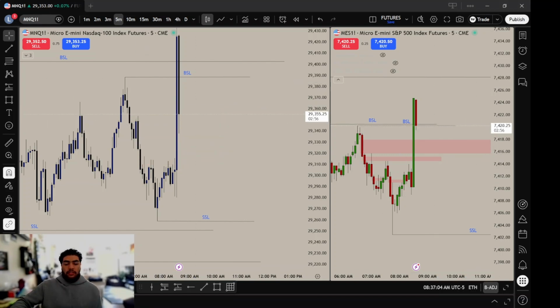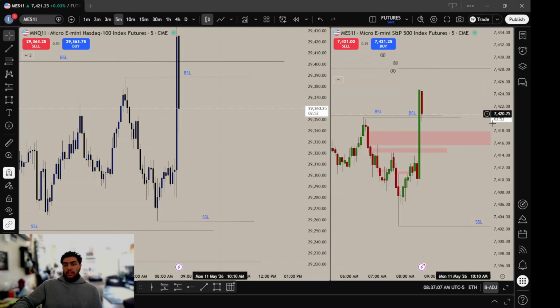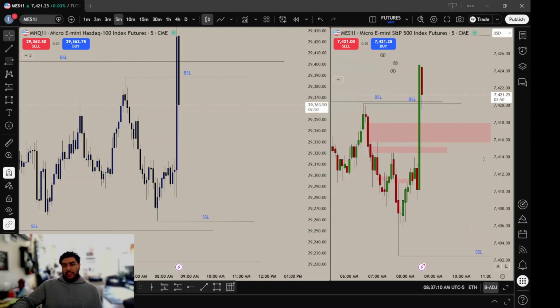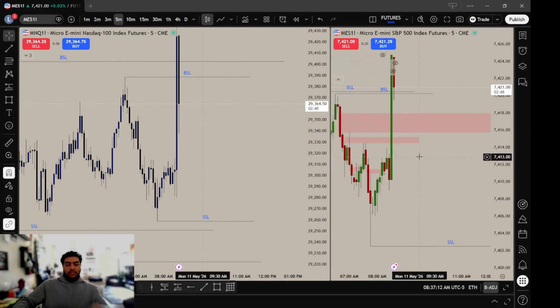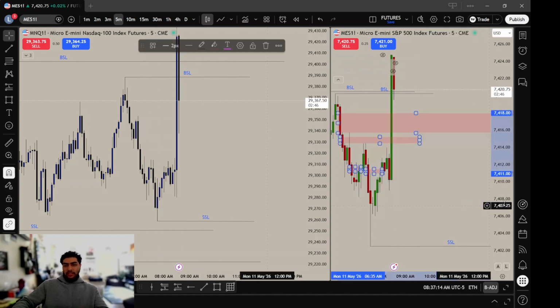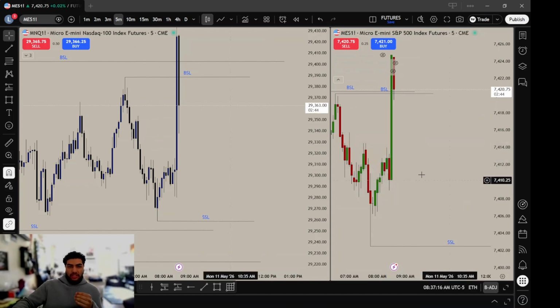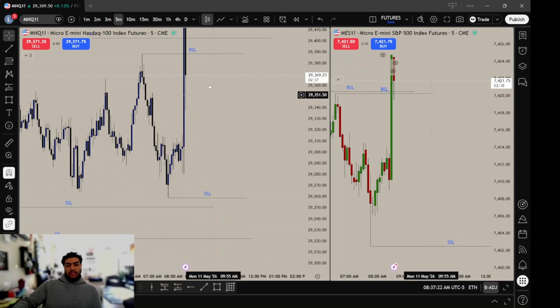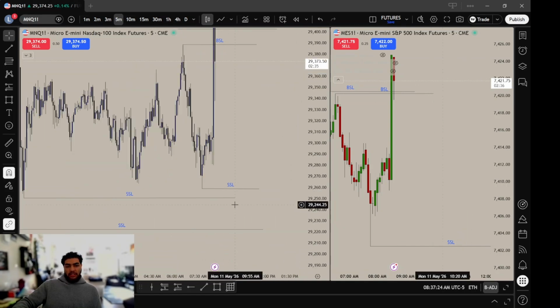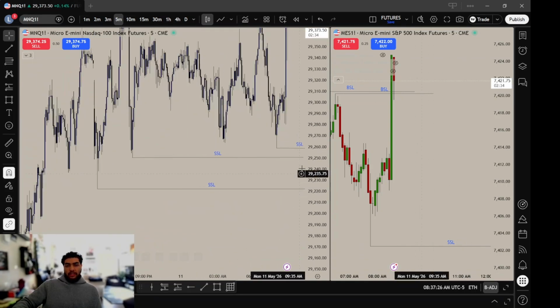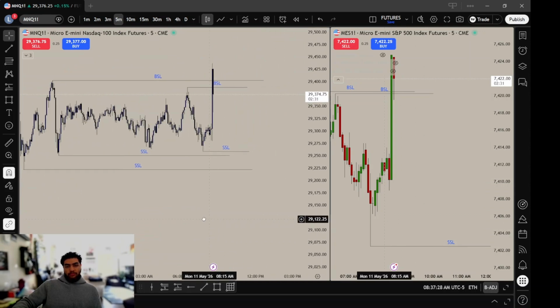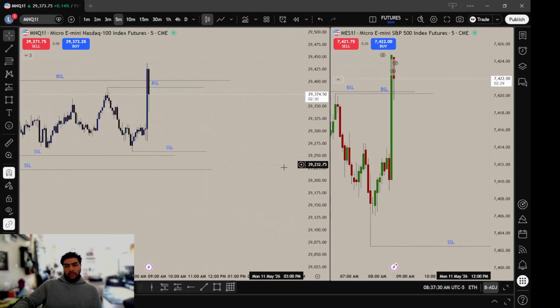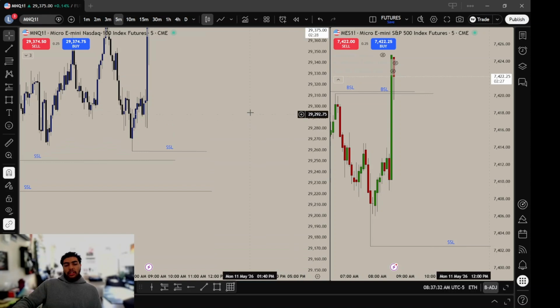I just got rid of those bearish fair value gaps because we disrespected them, so I'm ignoring them. Not really important if they're just gonna continue to get disrespected. We know that they get disrespected. This took out a buy side liquidity, could be aiming for sell side liquidity. But other than that, we're just gonna have to wait for this to close.